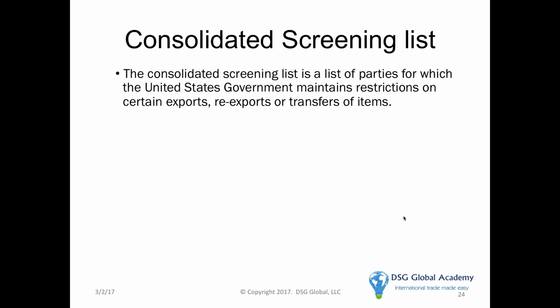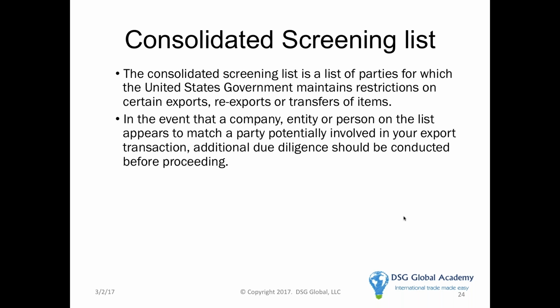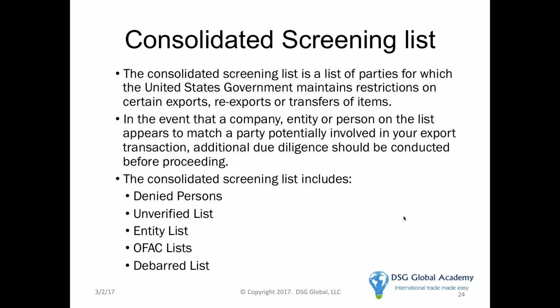There's also a list called the Consolidated Screening List on the BIS website, which gives you all the folks under different government agencies that you cannot do business with, such as the denied persons list, unverified list, entity list, and so on.